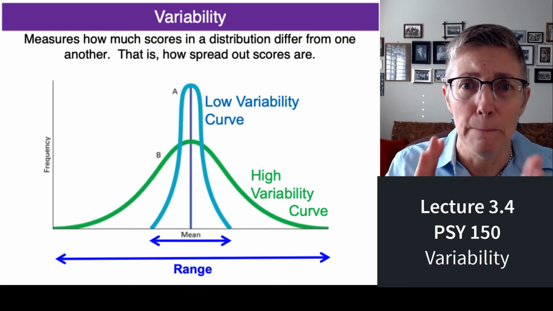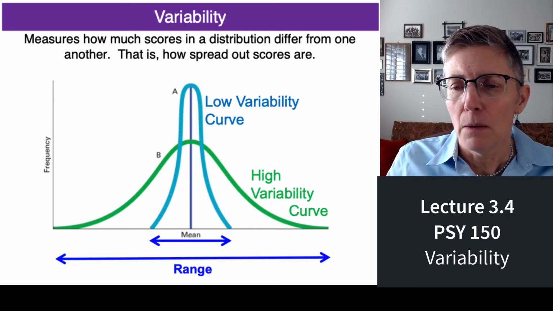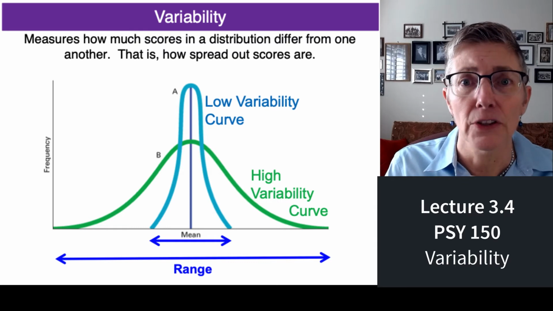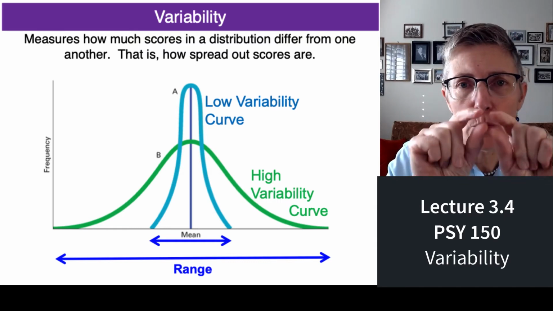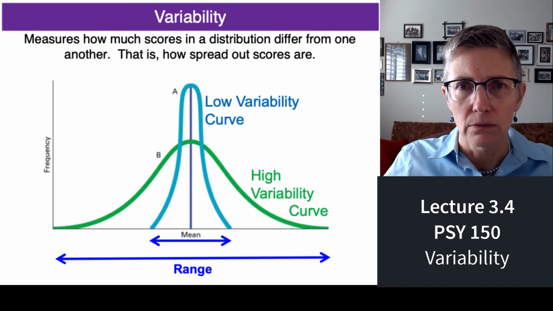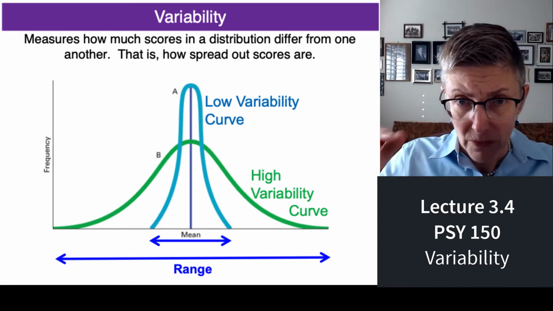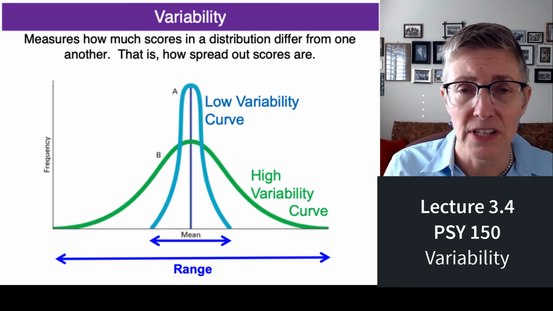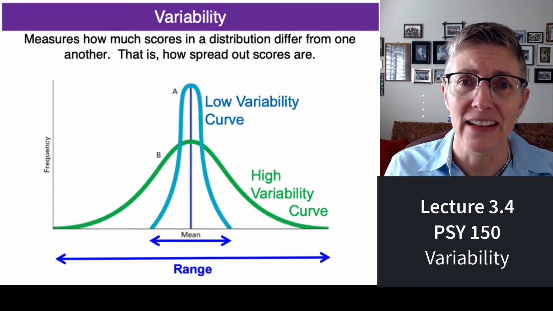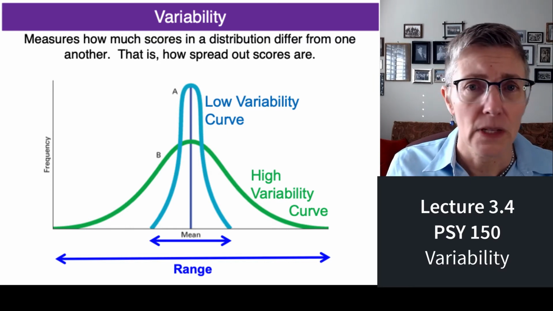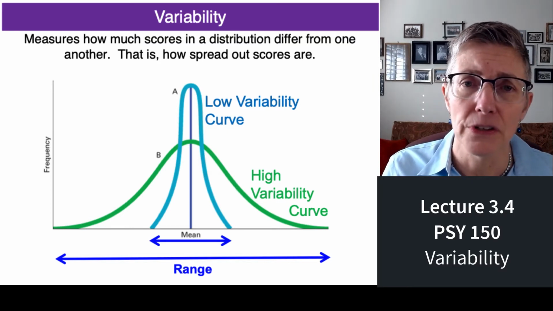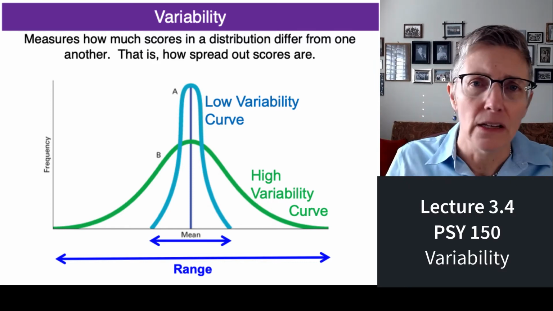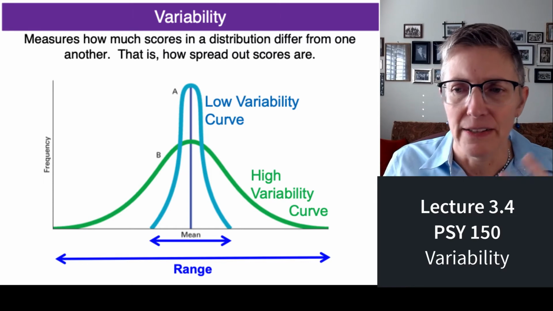Everybody's in around a B. That's the narrow blue curve on the graph you're seeing now. There's also a green long curve that's kind of flat. That would be a high variability curve. To use the analogy of scores on an exam, if the frequency distribution of grades on an exam looked like that green curve, there would have been a lot of every different kind of grade.